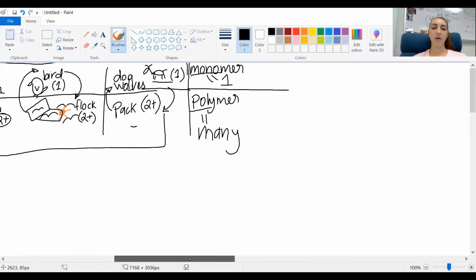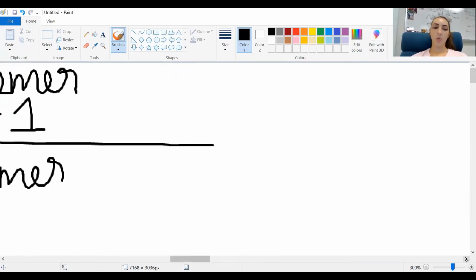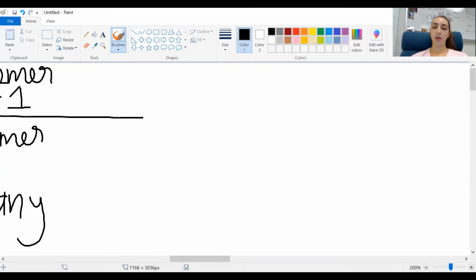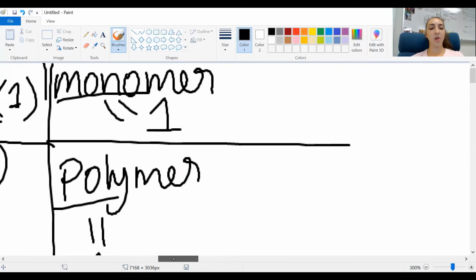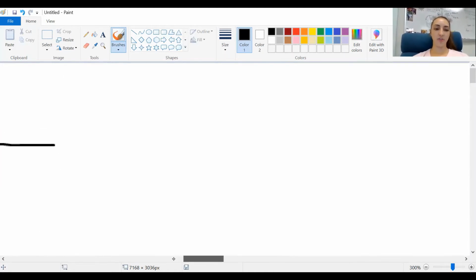So when we're talking about biomolecules, let me zoom in, we're going to have biomolecules in their monomer state, and then we have biomolecules as polymers, okay? So going back, let's draw a chart.